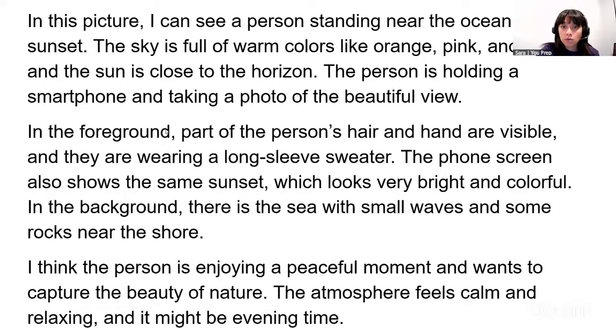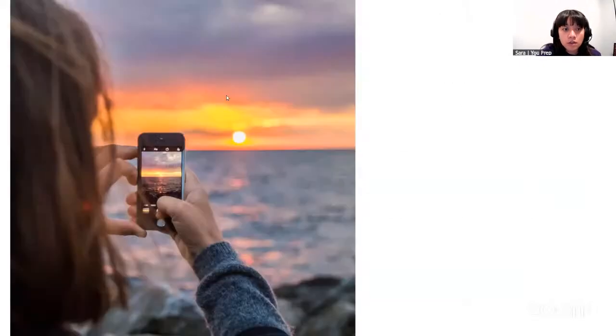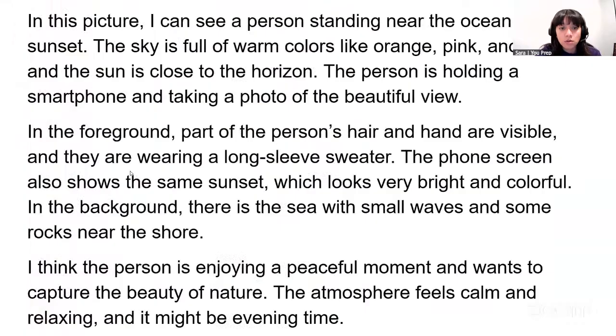In the foreground, don't forget, we can also describe what is in front, the foreground, what is in the middle, and what is in the background. So in the foreground, part of the person's hair and hand are visible. You can see part of the person, her hand, and the phone.